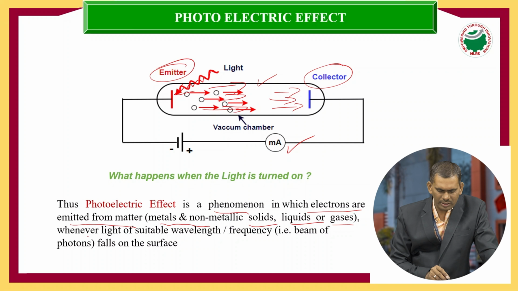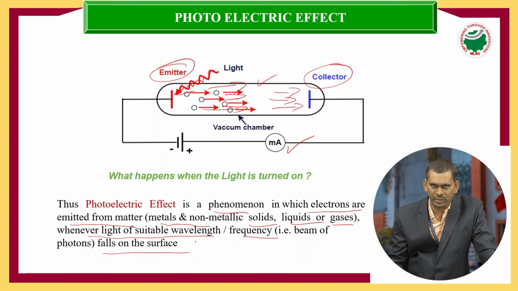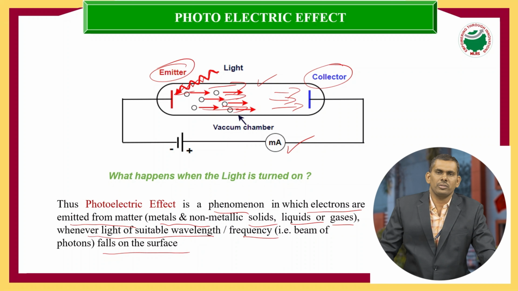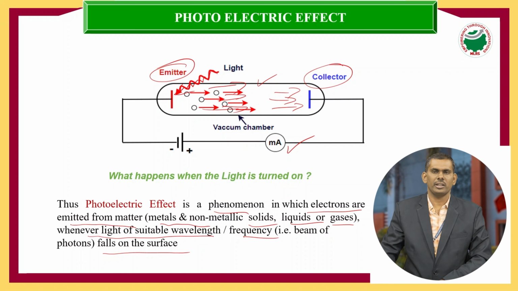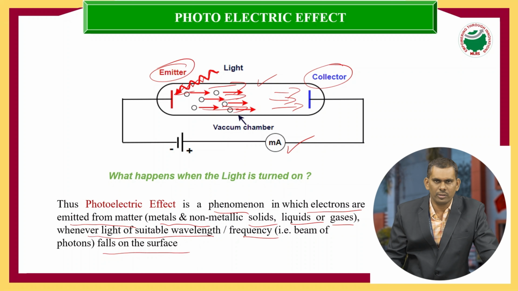Whenever light of suitable wavelength or frequency falls on that particular surface, and it must be a suitable wavelength, because if you incident any type of wavelength, you can't get photoelectrons. Only when you incident a suitable frequency or wavelength can you observe the ejection of electrons from the metal surface. This is the schematic representation of the photoelectric effect.